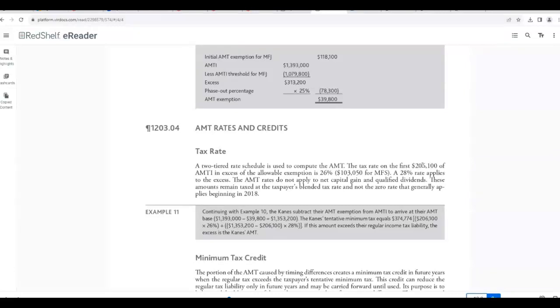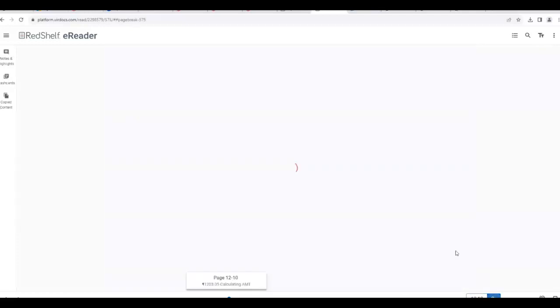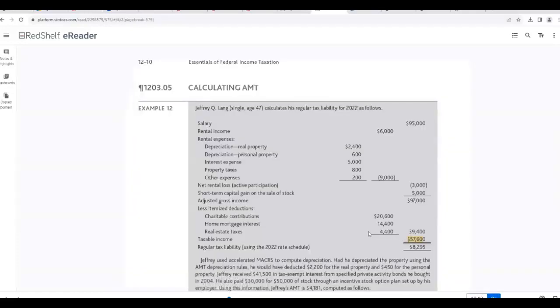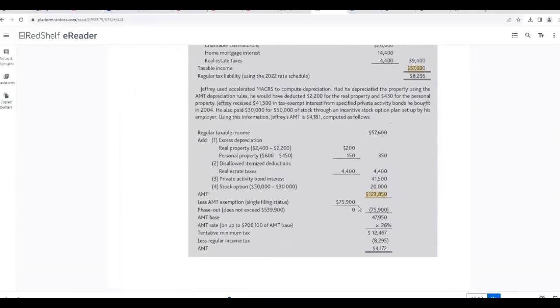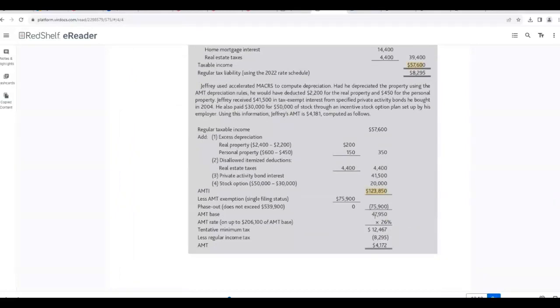So far, so good? Questions? Go back to page 10. So here we go: 47,950 times 26% is $12,467 alternative minimum tax.